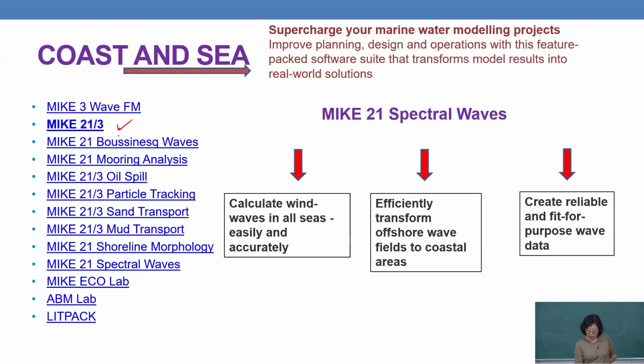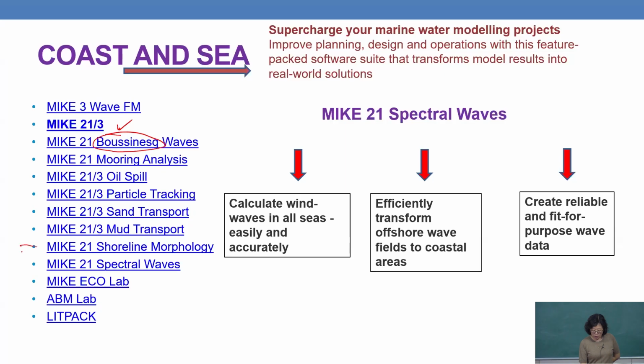And also for MIKE 21, there is a Boussinesq wave module. That one can be used if you are doing some structure design. Then of course, what else have I used? I did use it for the sediment transport, but that can be included in that.